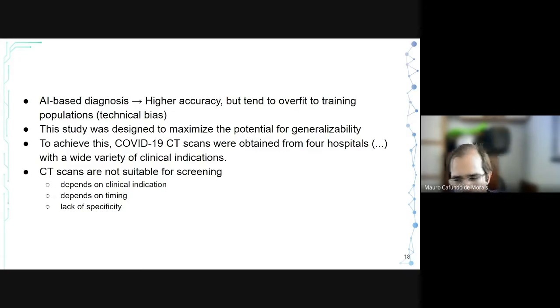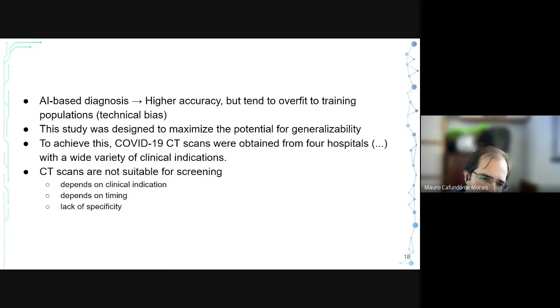But if you have a small set or one with low diversity, then your model might be overfitting. So there's always this technical bias. They say that they have data diversity to increase the generalizability of the model, which is good. That's, I think, the novelty of the work.